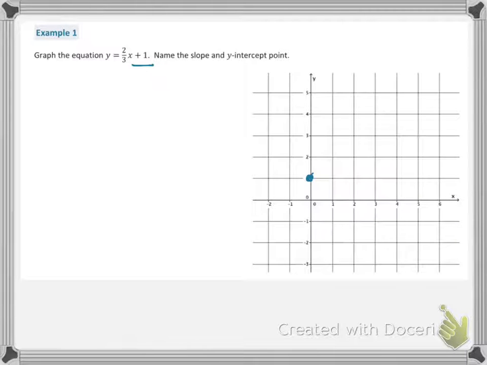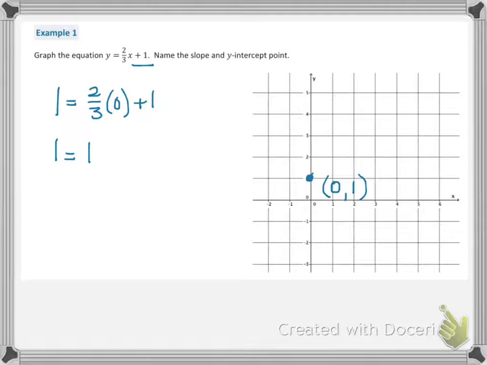Well, remember, we called this the point that's 0 left or right, but up 1. So let's put a 0 in for x and a 1 in for y and see if it makes this equation true. 1 in for y is equal to 2/3 times 0 for x plus 1. And look, we get 1 equals 2/3 times 0 is 0, and 0 plus 1 is 1. We get 1 equals 1. So yes, that point is a solution.